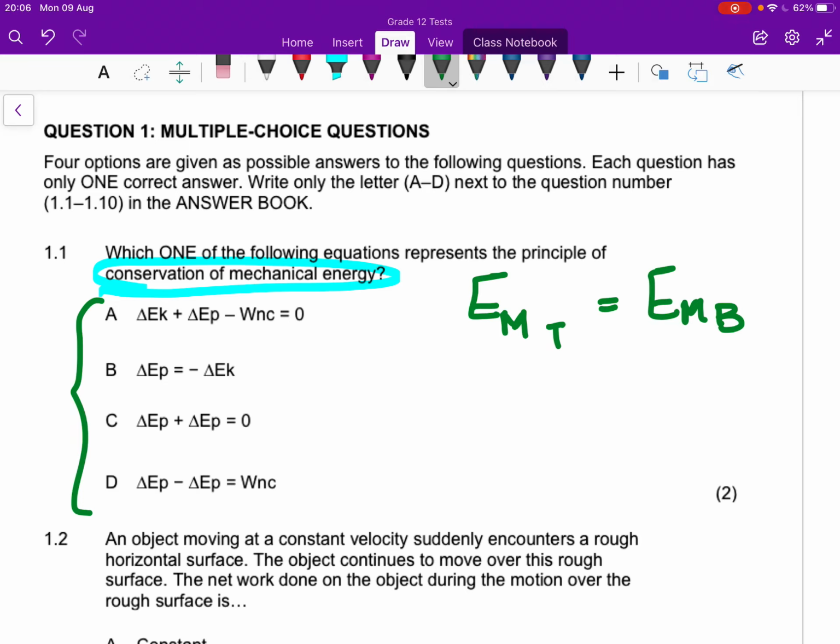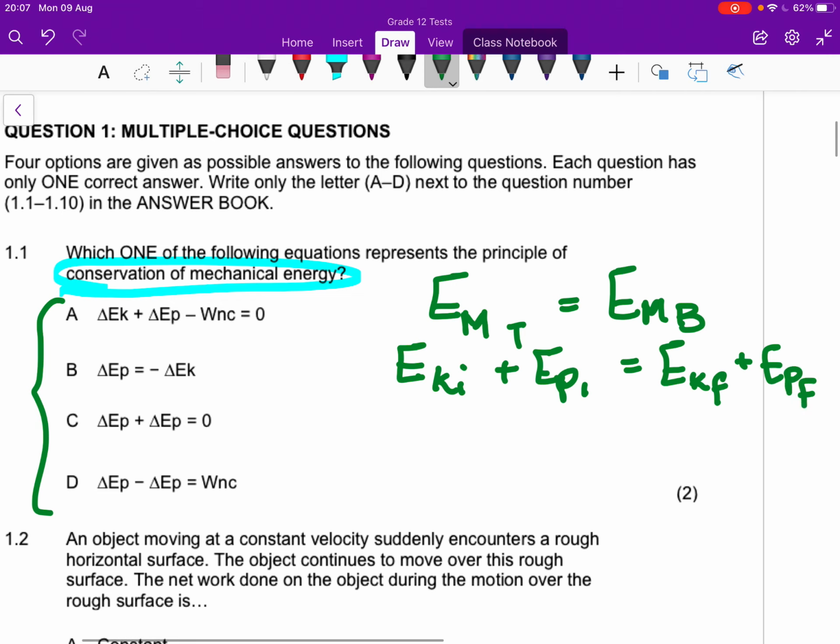They talk about EP, they talk about EK, so we have to remember that this would be EK initial plus EP initial would then become EK final plus EP final. Now, when I look at this, there's nothing to do with work done by non-conservative force.